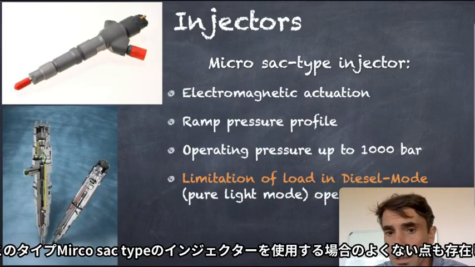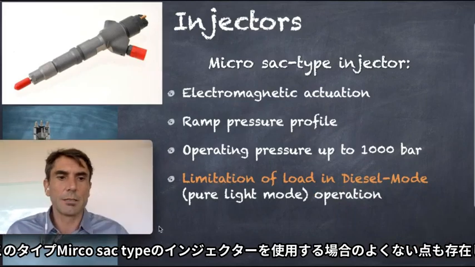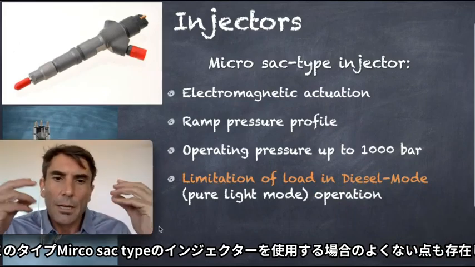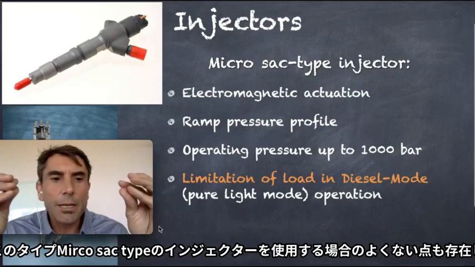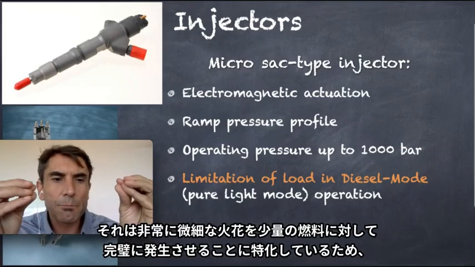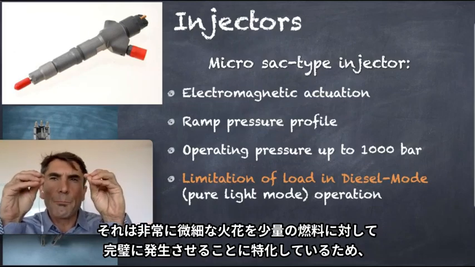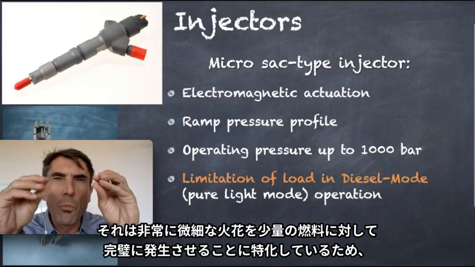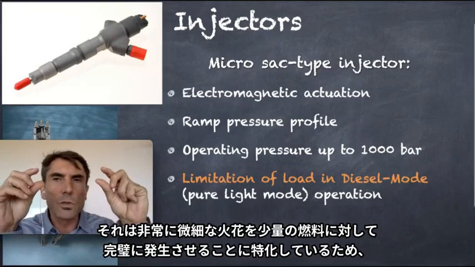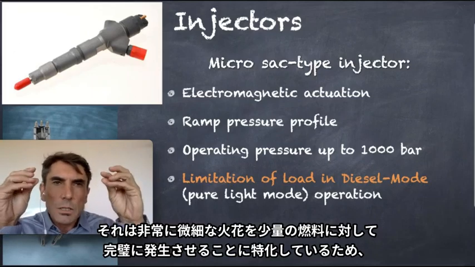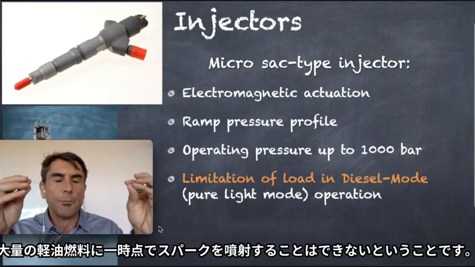But on the other hand, we have a limitation out of the design of the microsac type injectors. To have the advantage of a perfect spray of a small amount, because we are focusing on reducing the diesel or pilot fuel consumption as much as we can, we focus on smaller limits to spray perfectly.